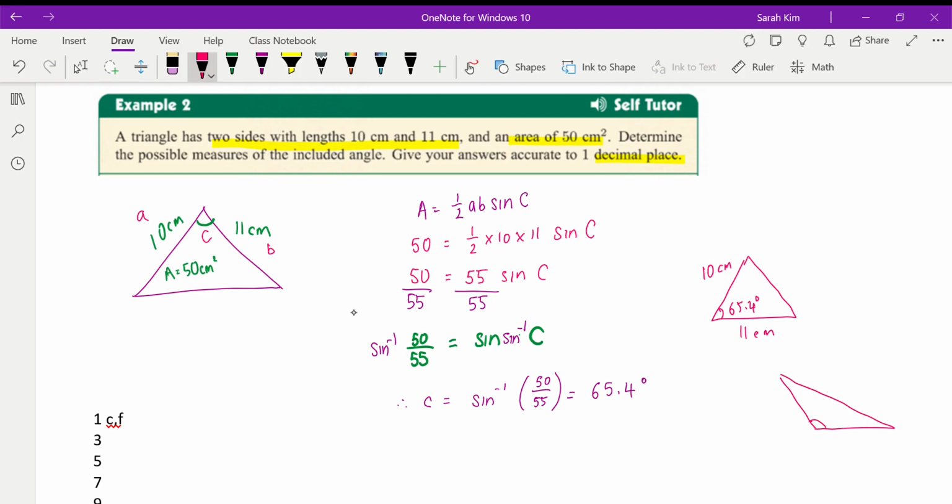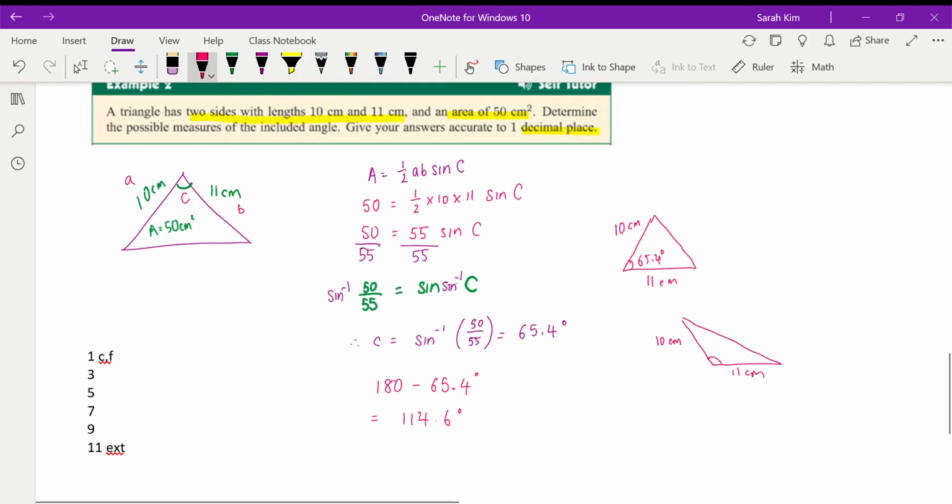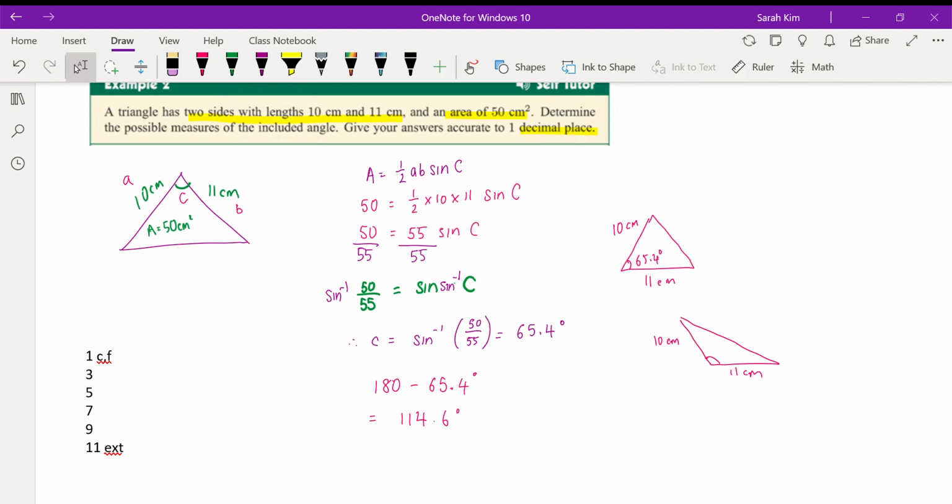Now, how could we figure that out? How would we possibly know what angle that is? Well, the relationship is going to be 180 degrees. Taking the angle that we have calculated will give us the other possible angle. So that is 114.6 degrees for me. So those are the two possible angles. Because it's a worded question, I like to write my final answer as a worded answer.